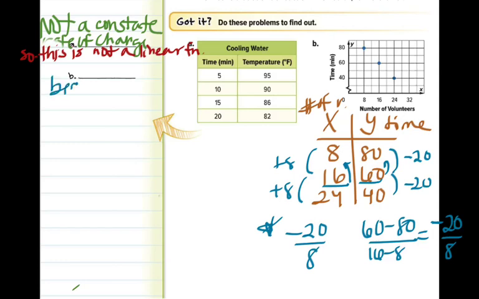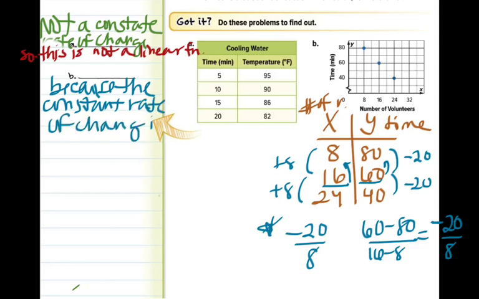So, for B, because the constant rate of change is, if I simplified that, I would get negative 5 over 1. No, I wouldn't. Let me actually think this through for a second.